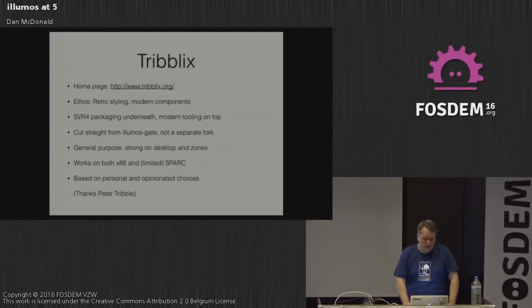It's general purpose, runs on desktop and in zones, and it works on x86, and not all illumos distros work on SPARC, but Tribblix is one of them that does. Dilos is too. And Peter can talk to you more about Tribblix in person. He's in the third row right there, and he just raised his hand, so you can talk to him about that afterwards.